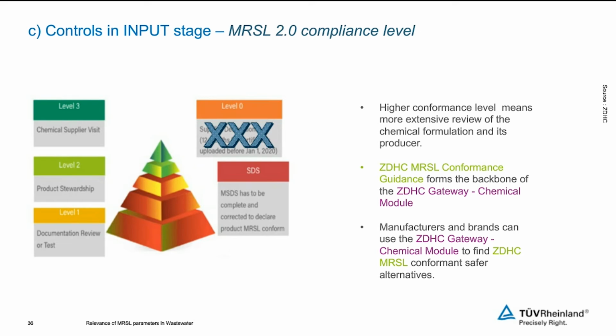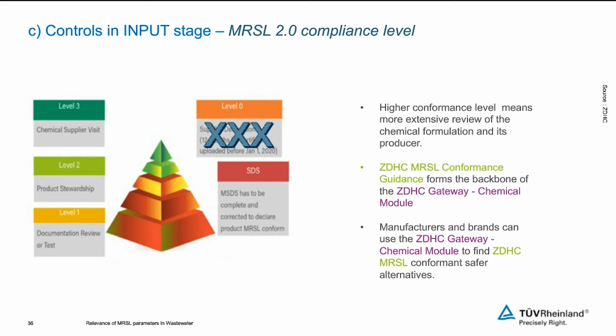MRSL conformance level 1 requires a third-party review of documentation or an analytical test report where the data meet the quality assurance and quality control requirements in Annex A to be accepted as evidence of conformance. MRSL conformance level 2 requires a product stewardship, and level 3 requires a visit to the manufacturer to assess the chemical management. Our chemical users should evaluate the used chemicals against these criteria and determine the MRSL risk ranking of used chemicals.